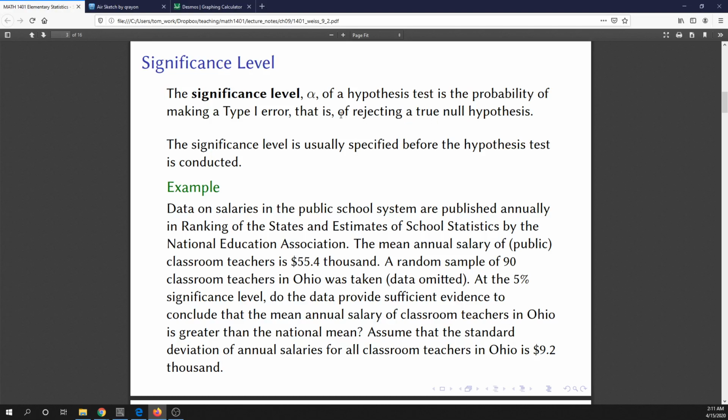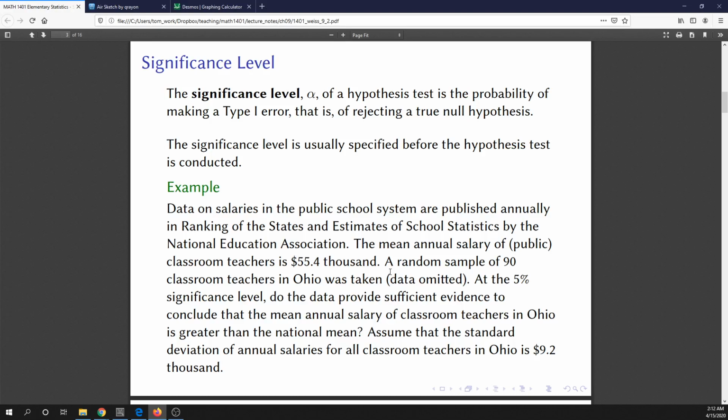Typically you'll see significance levels of 5%, so that would be 0.05 as a decimal, or sometimes you'll see 1%, 0.01, or 10%, 0.1. Again, that is generally agreed upon before you do the test. So when you read these problems, you'll just have to pick that out. You won't have to decide yourself what the significance level is going to be.